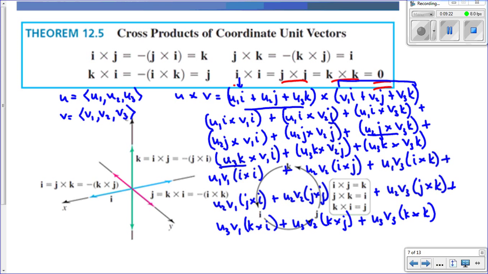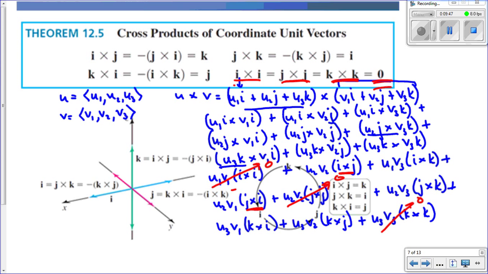Now let's use what we applied above. Anytime you have a vector crossed with itself, you get the zero vector. So this is 0, this one is 0, and this one is 0. Now we have i cross j, and we have a j cross i, which we know is just the negative of i cross j.